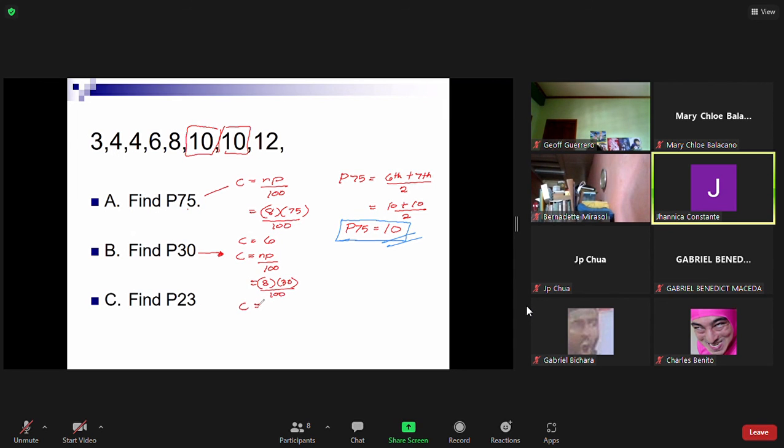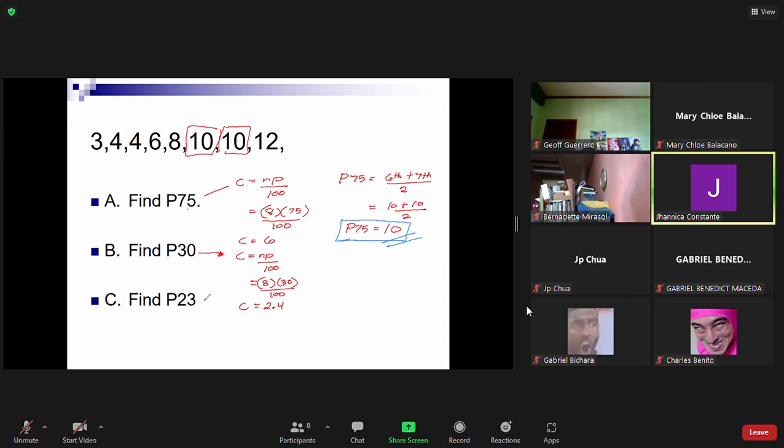So the value of our C, or the position of the percentile, is 8 times 30 divided by 100 equals 2.4.